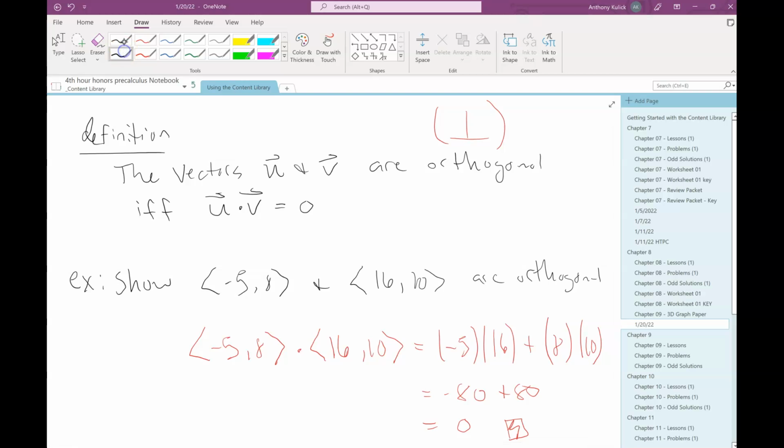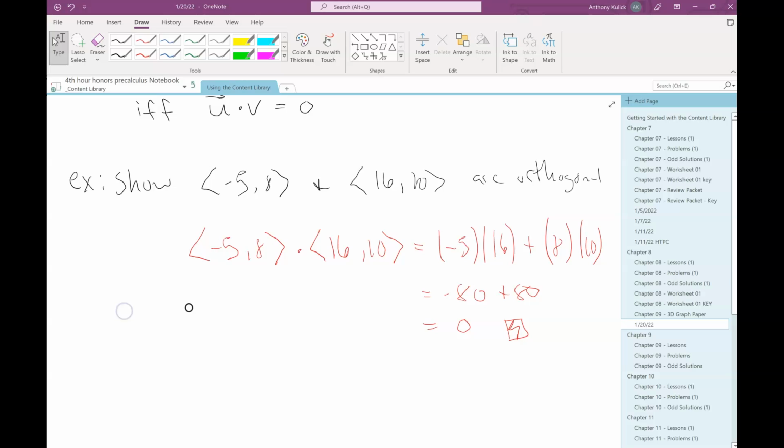And I'm done. Pretty easy problem, right? All you have to do is do a dot product and you know what the answer is supposed to be.